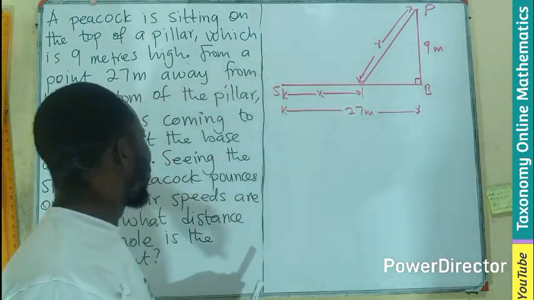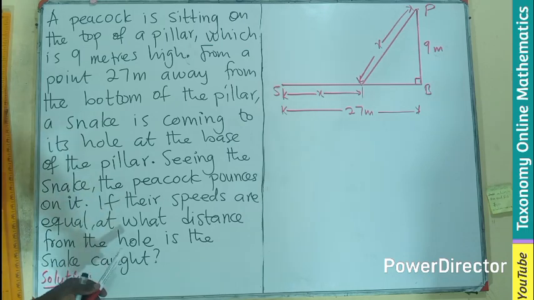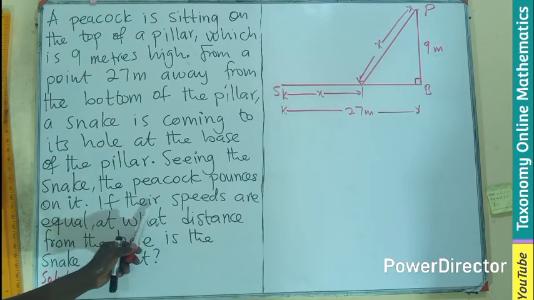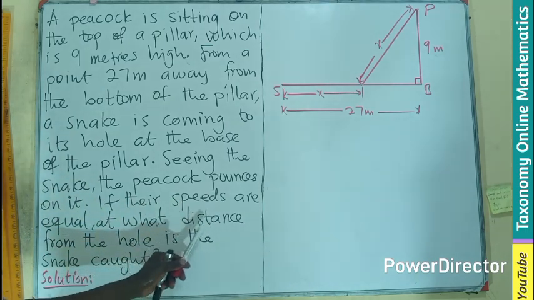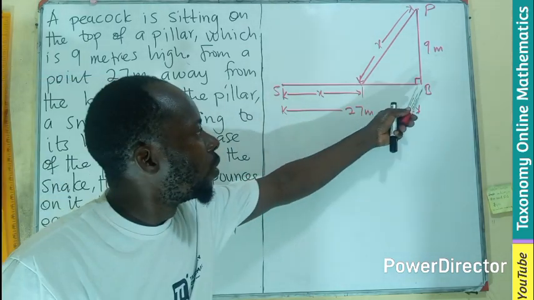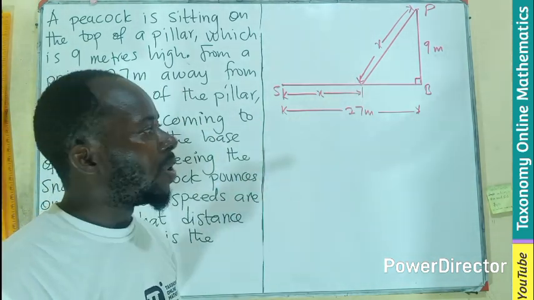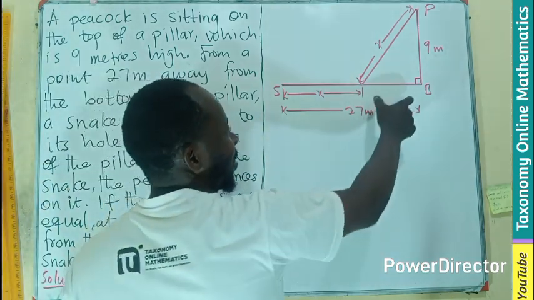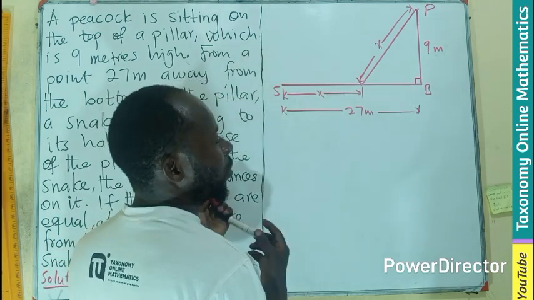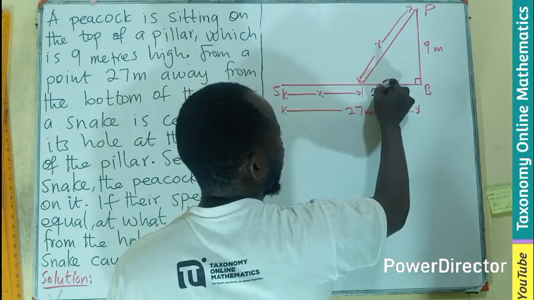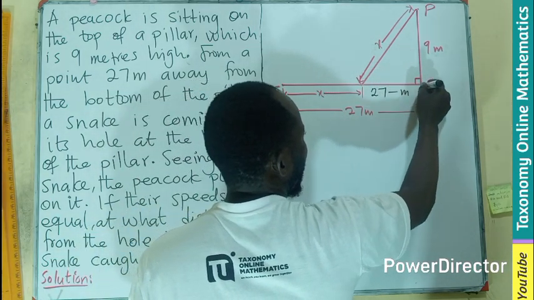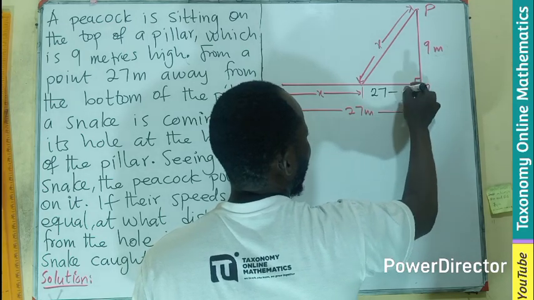That is what we are asked to find. They said if their speeds are the same, at what distance from the hole. So this space is what I'm looking for, and that space is 27 minus x.